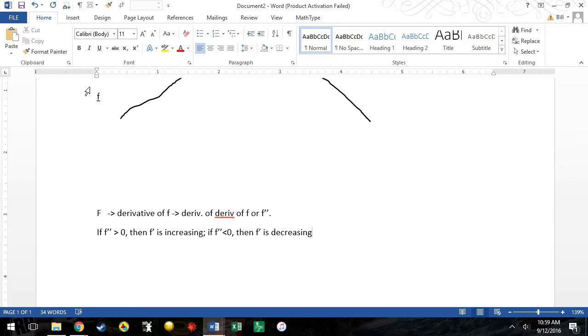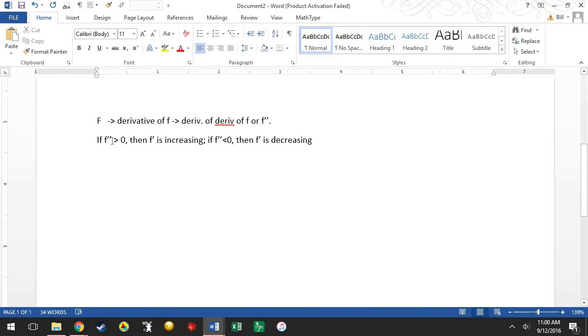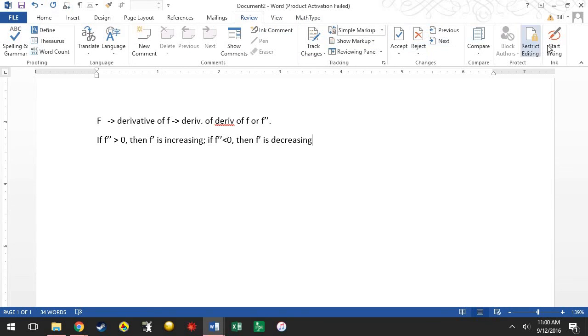If f double prime is positive, what does that mean about f? Well, if f double prime is positive, then its slope is increasing. Let's say it started with a negative slope. f double prime doesn't tell us whether f prime is positive or negative.